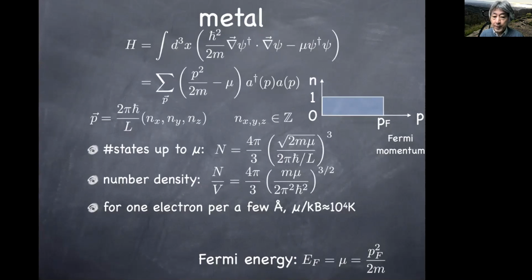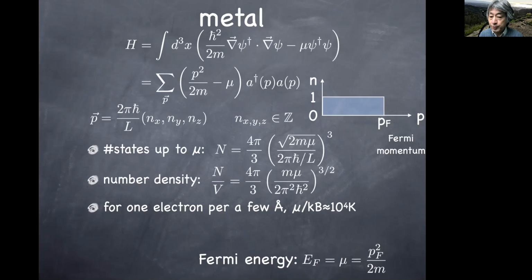But overall, you expect to see 1 electron per a few angstroms, the typical separation between the lattice sites, that's the lattice constant. So if you demand that this N over V, the number density of electrons, is 1 per a few angstrom cubed, then you can estimate what the chemical potential should be, knowing the mass of the electron.